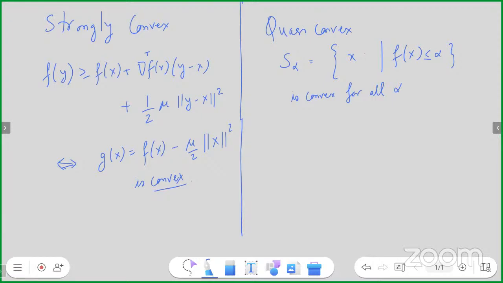Suppose I wanted to check whether a function is strongly convex or not. Can you give an example for which it's easy to check? This is one condition, slightly complicated, with derivatives, etc. Here there are no derivatives, and this is true only if derivative exists.